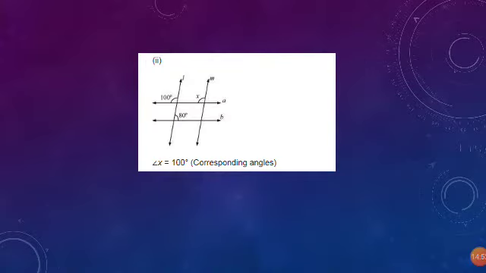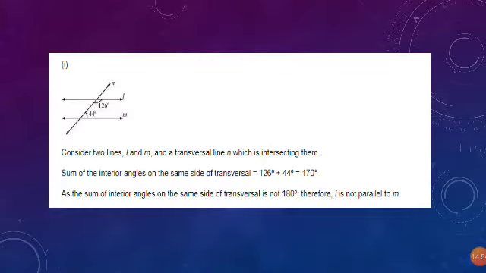Next, two parallel lines intersecting one line. Consider two parallel lines, named L and M, and a transversal line N which is intersecting them.